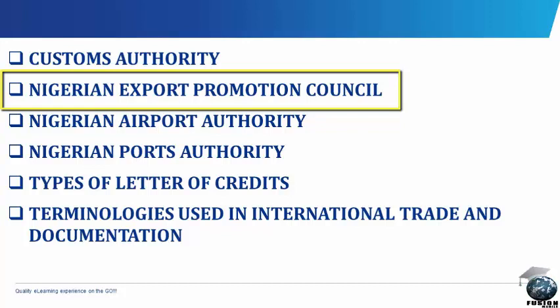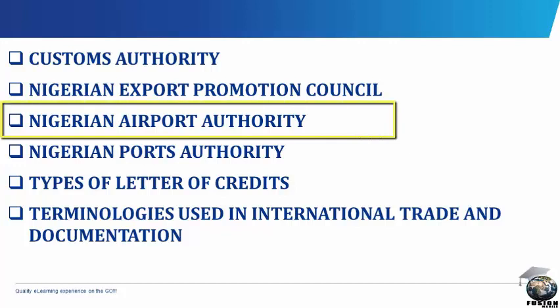It gives advice on quality control, packaging, and product design to ensure acceptable standard of exportable goods. NEPC also approves exports, provides export license, and sets out procedures for exporting goods abroad.